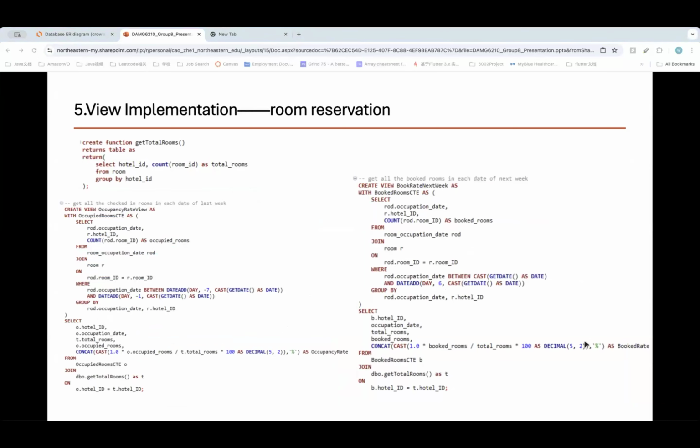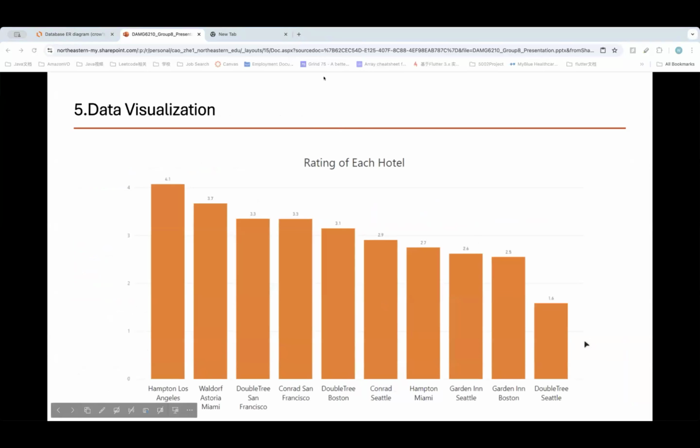Yes, thank you for the question. The rating of each hotel is calculated by the total income in the last week and the occupancy rate in the last week.